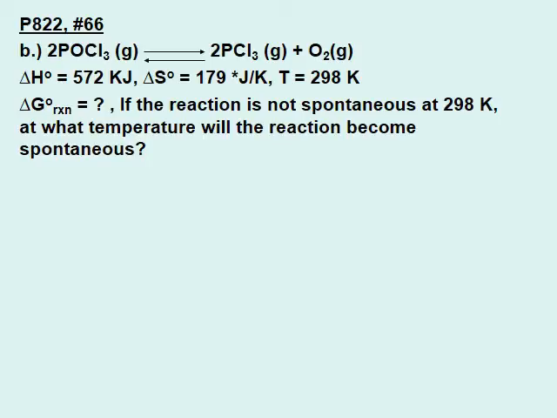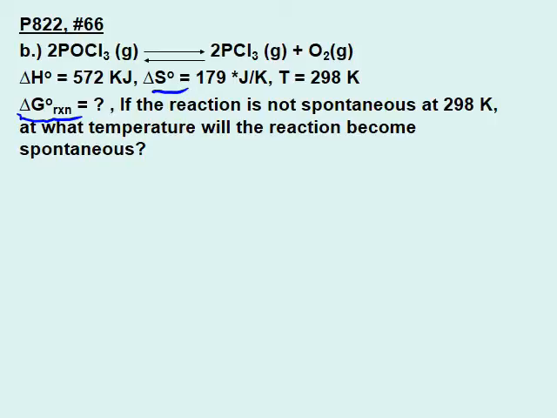In problem number 66, we're looking at a reaction. The value of delta H, or change in enthalpy of this reaction, is given. Entropy change is also given. Temperature is also given. So you need to first calculate the standard change in free energy.